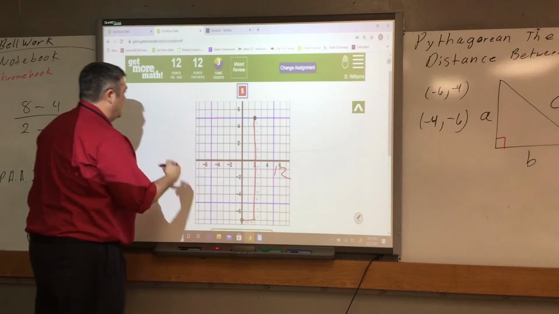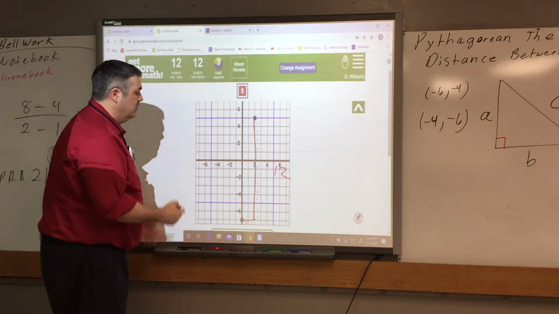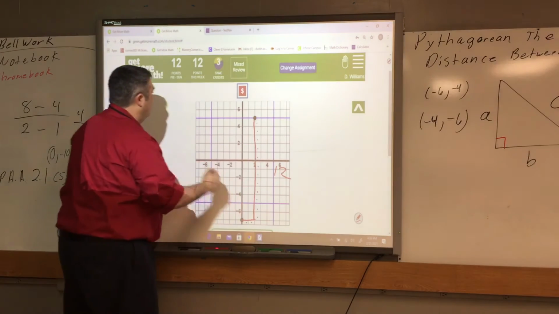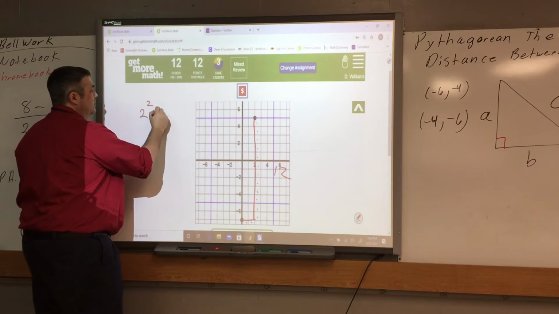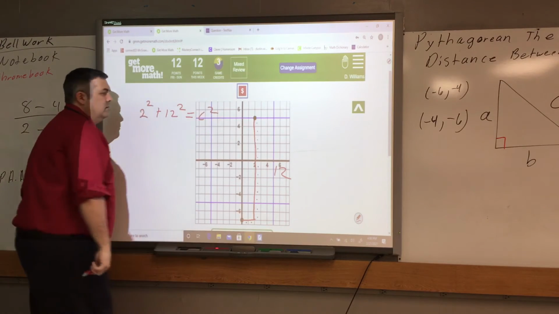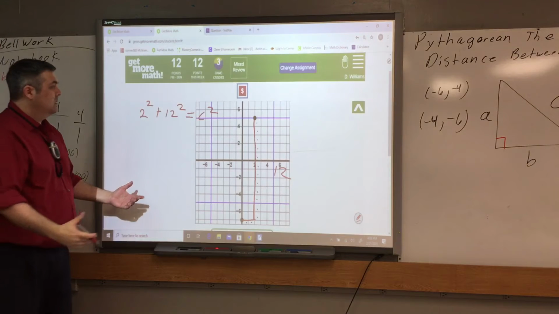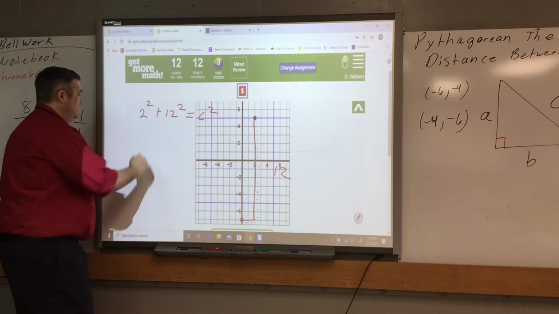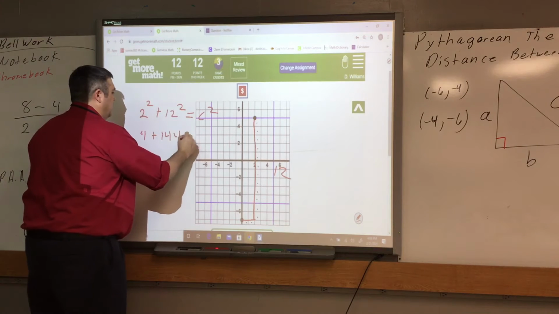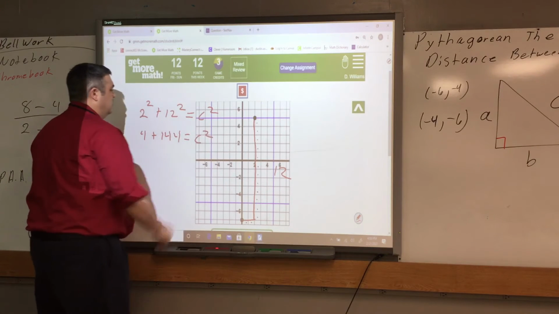Okay, so a squared plus b squared equals c squared. One of my legs is 2, one of my legs is 12. 2 squared plus 12 squared equals c squared. Well, 2 squared is 4 plus 144 equals c squared.